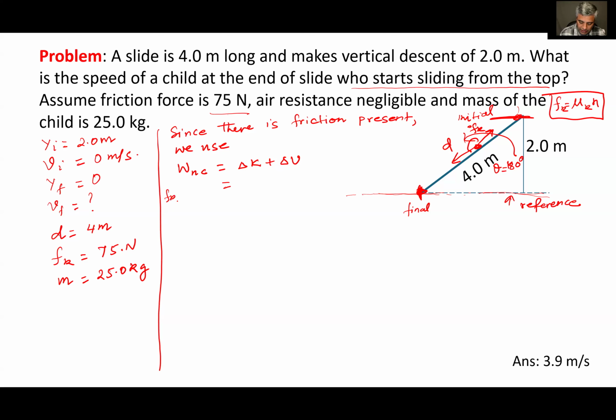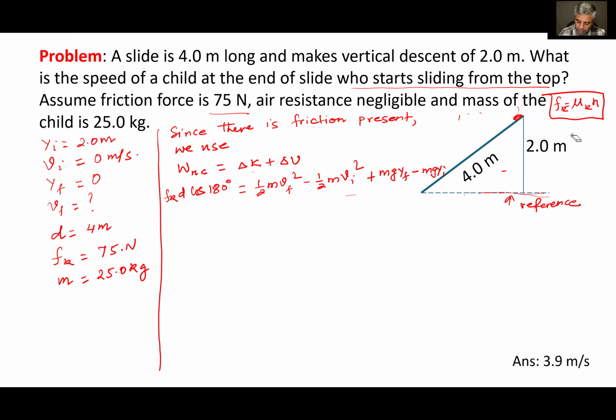So that means we can write this as F d cosine 180 degrees. And change in kinetic energy means final kinetic energy minus initial kinetic energy. And change in potential energy means final potential energy minus initial potential energy.